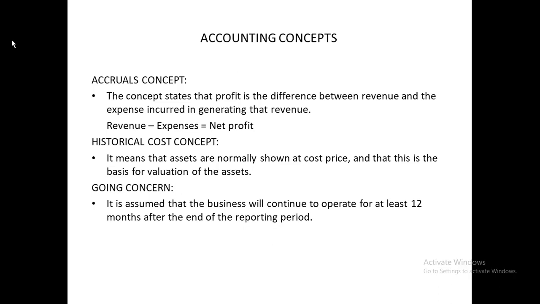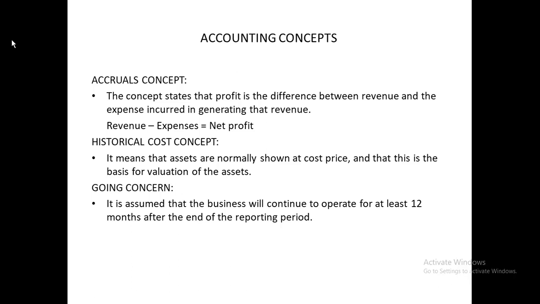So we say revenue minus expenses is equal to the net profit. These revenues and expenses must be incurred in the same period. That is, let's say our year ends in December. The revenue for the year from January up to December must be compared with the expenses for the same period.